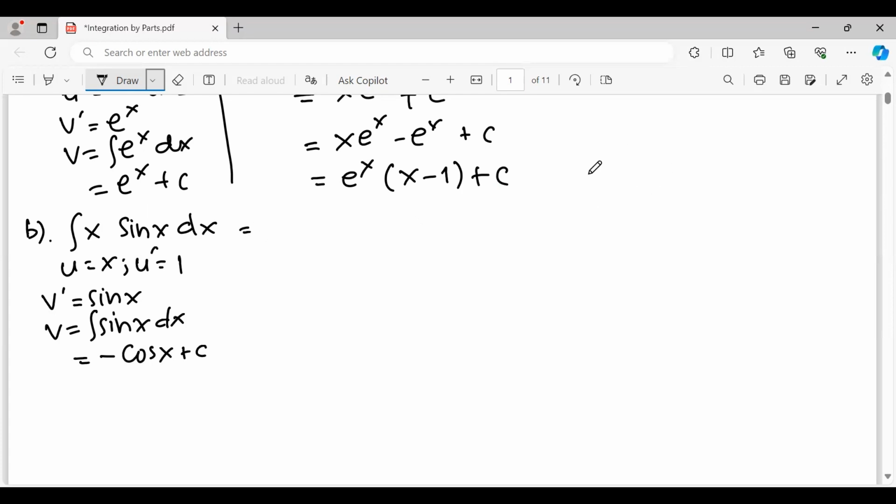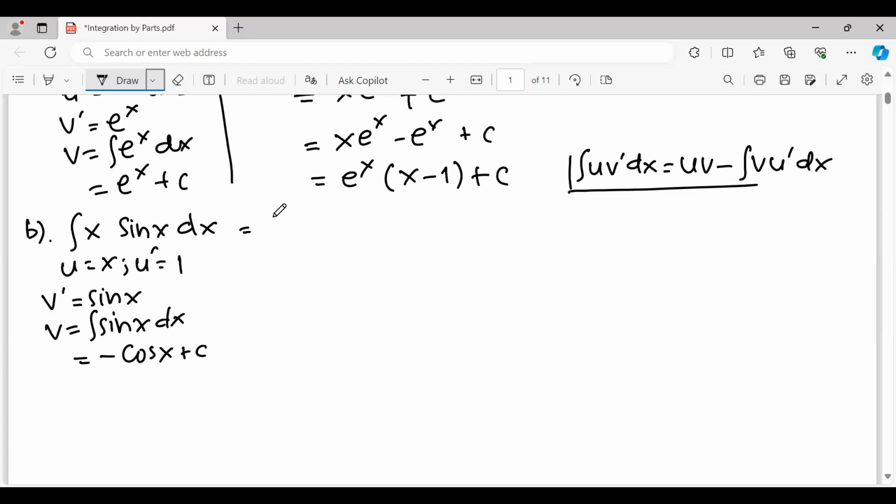Based on the formula, just a reminder: integral u times derivative phi dx equals u times phi minus integral phi times derivative u dx.